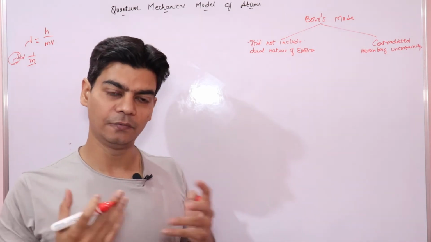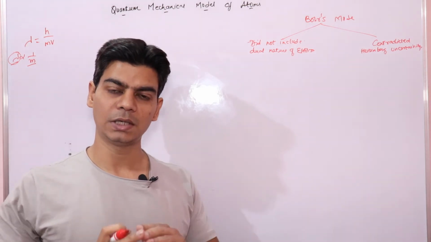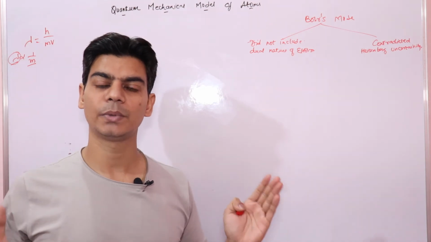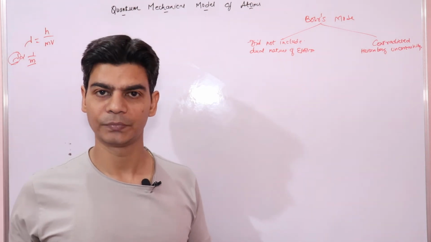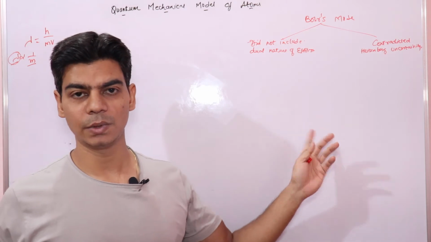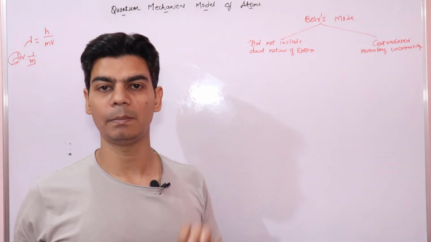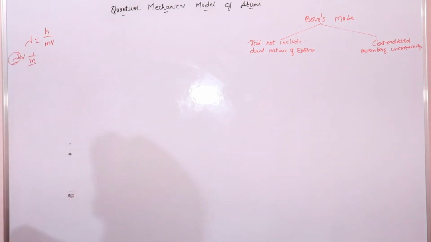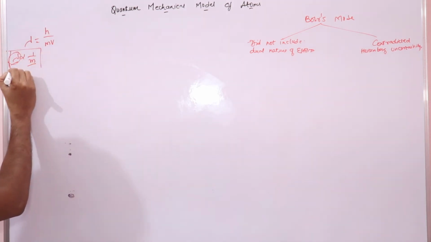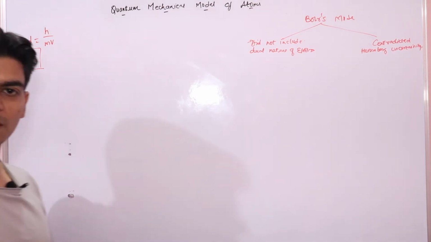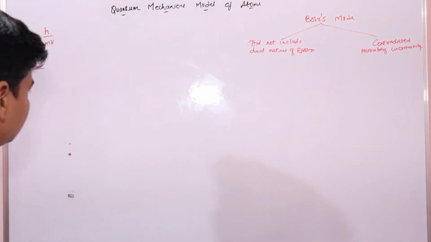So we say that waves associated with particles of higher mass, or macroscopic objects, are not detectable, whereas waves associated with microscopic objects are detectable due to their extremely small mass. This relation is important to understand the concept of quantum mechanics and classical mechanics.